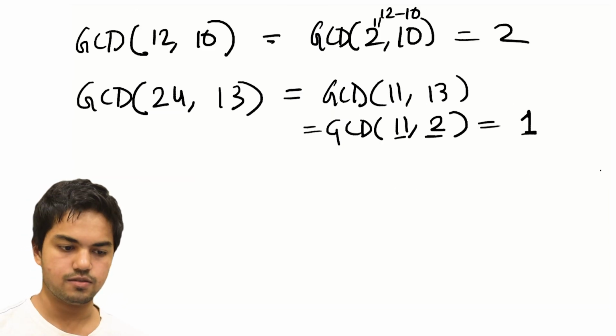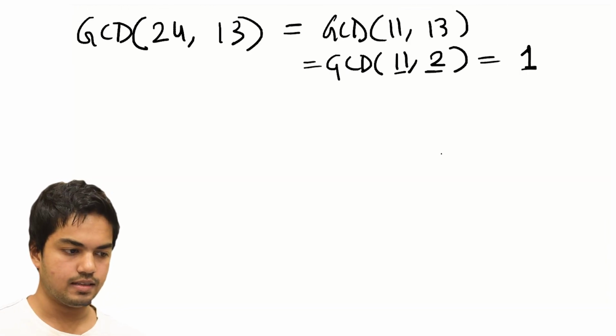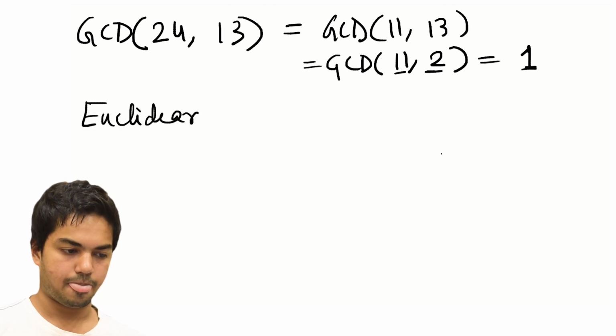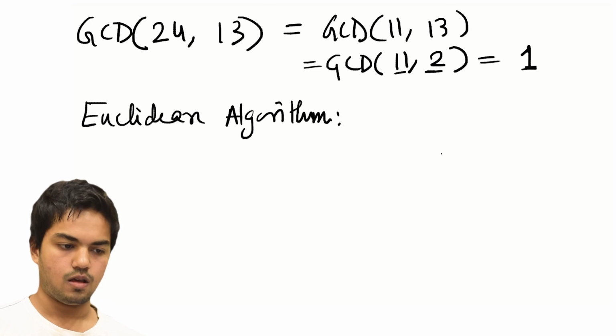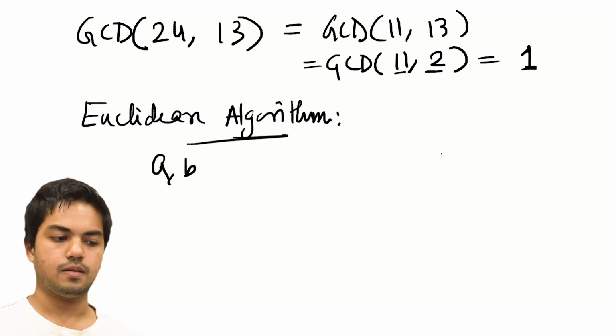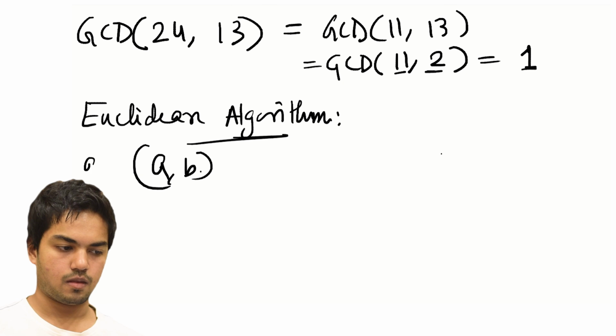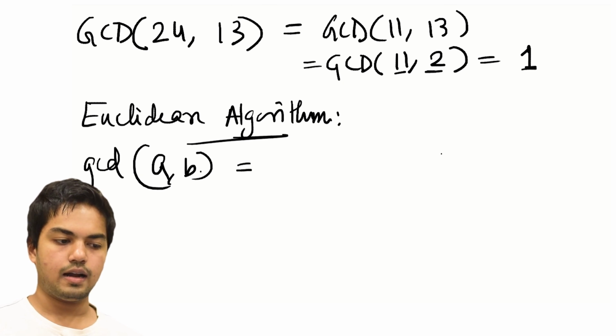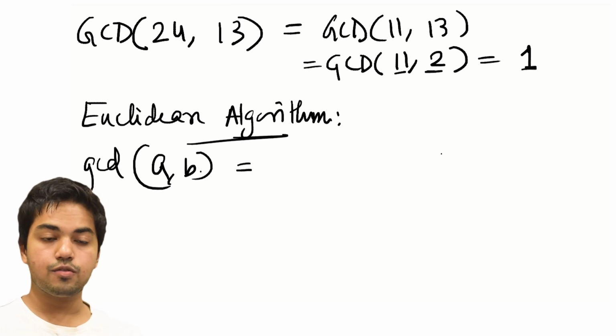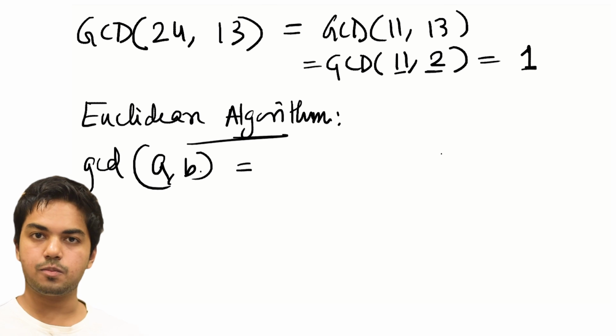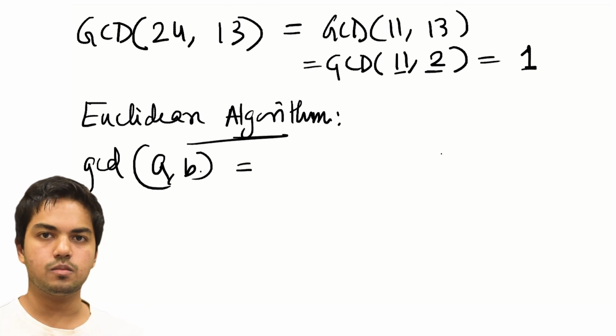So we formalize this at once and say that the Euclidean algorithm does this thing where it starts with two numbers A and B and subtracts A from B as many times as possible as long as the two numbers stay positive.